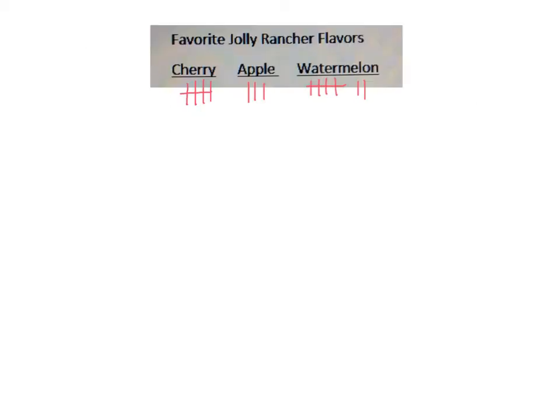So now here's another one. Some students were polled about their favorite Jolly Rancher flavors. 5 students voted for cherry, 3 for apple, and 7 for watermelon. Let's say I wanted to name what fraction chose apple. So 3 chose apple out of how many students all together?